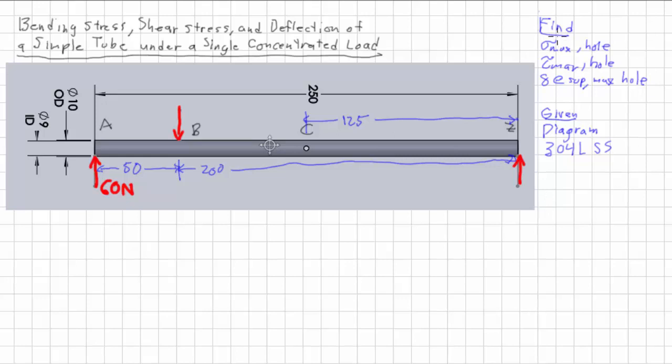Okay, now we've written down what we want to find. We've written down what we're given. And in order to find these things, we're going to need to use some of our favorite equations.